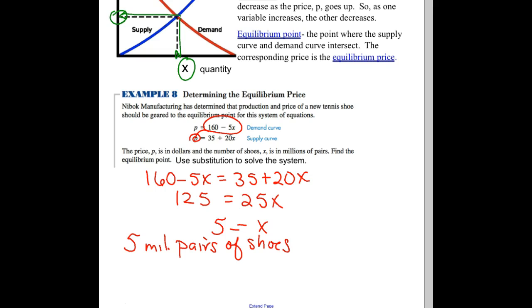Okay, so putting a 5 back into our equation, our price is 160 minus 5 times 5. 160 minus 25 would be 135. Okay, so if we make 5 million pairs of these tennis shoes and sell them for $135 each, we can sell it all. Okay, that's insane. Okay.